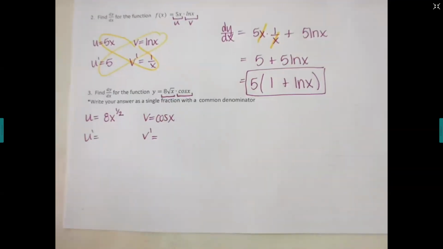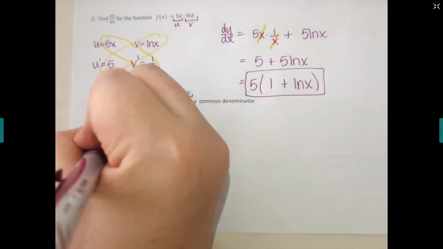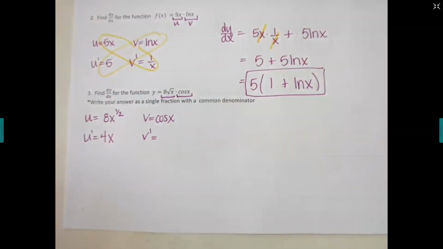Okay, let's start with the 8x to the 1/2. Remember, this number is going to come down. What is a 1/2 times 8? 4. And then I need to take away 1 from a 1/2. So if it's 1/2, I'm going to take away 2 halves. 1/2 minus 2 halves is -1/2.